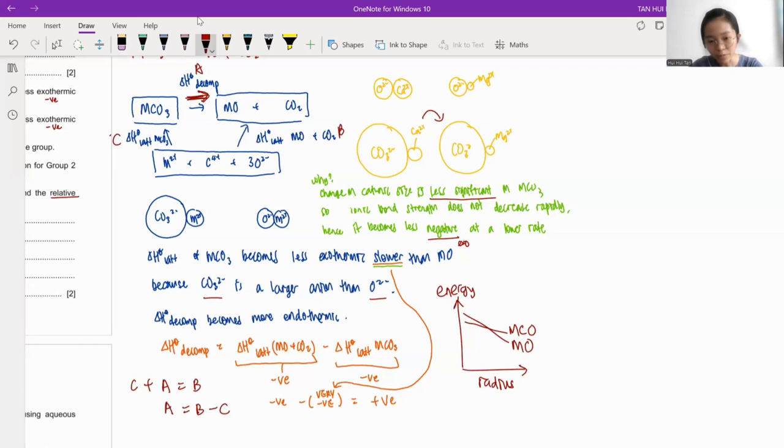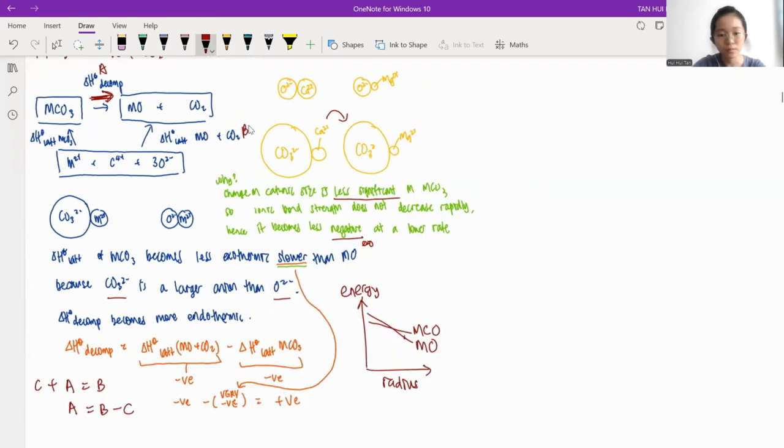For example, we are taking this point and this point. So this has a lower value compared to MCO3. The magnesium oxide has a lower value compared to MCO3. That's why this is negative and this is very, very negative. So maybe let's say -1 minus -5, you'll get a positive answer.